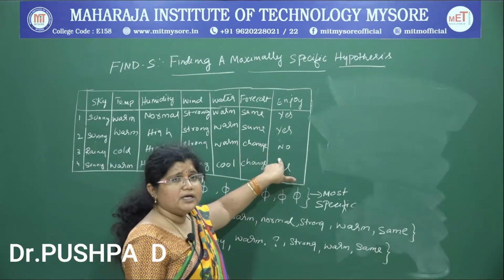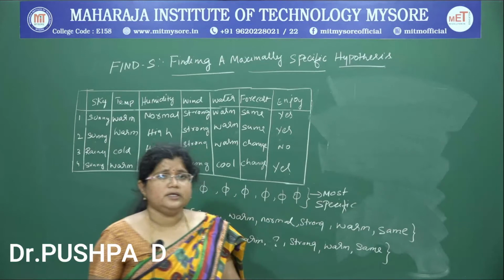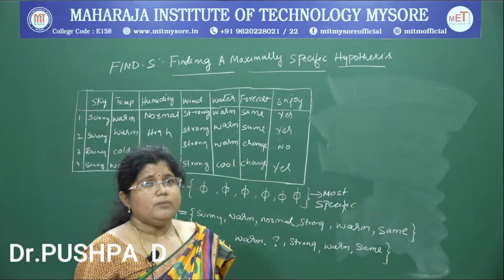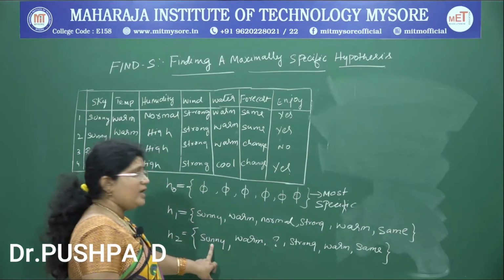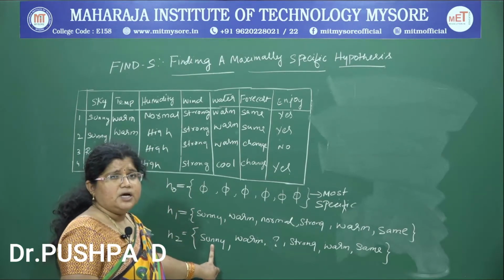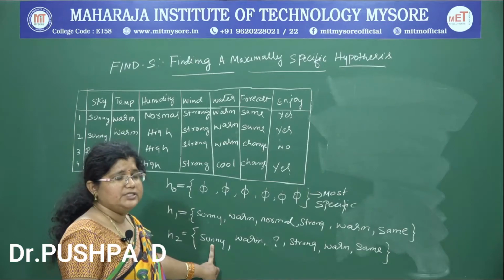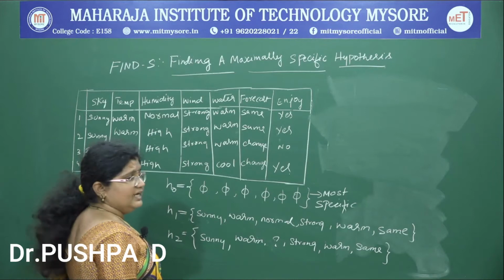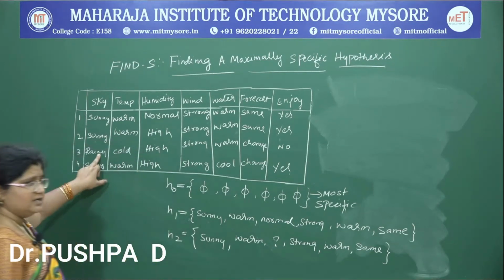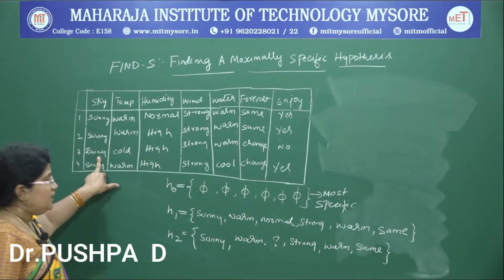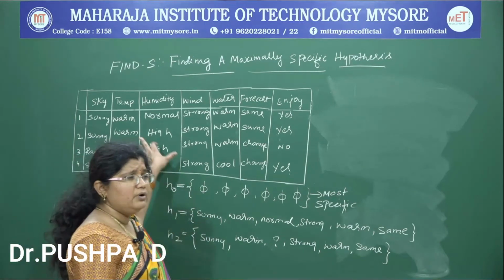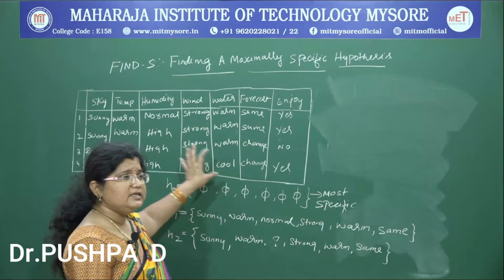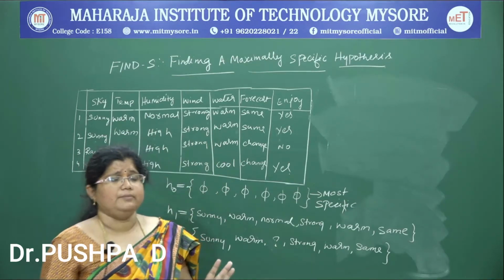With a negative training example, the Finds algorithm is not going to address it. What happens here is that the first attribute value of the newly generated hypothesis is sunny, but it is mapping with rainy in the first value itself, so it fails to address the negative training example.